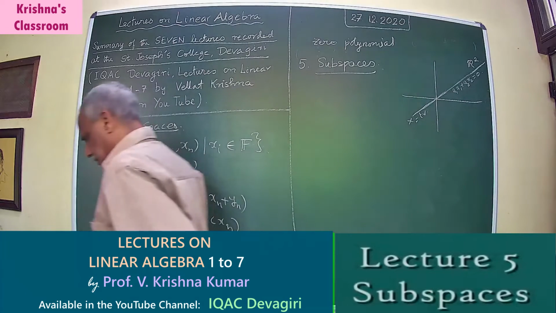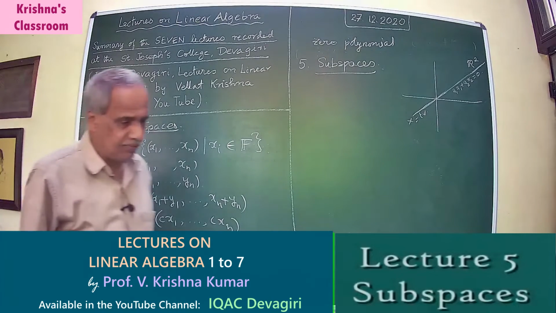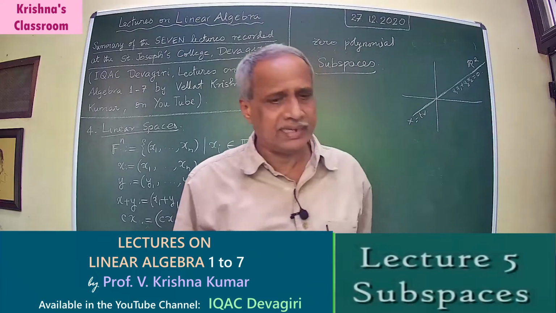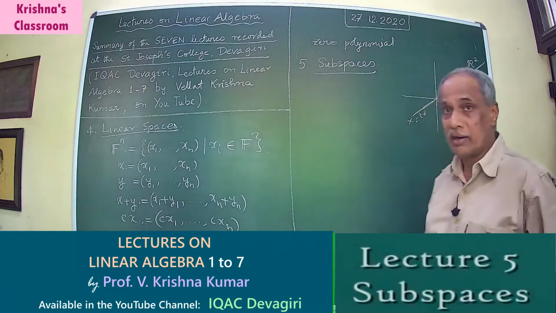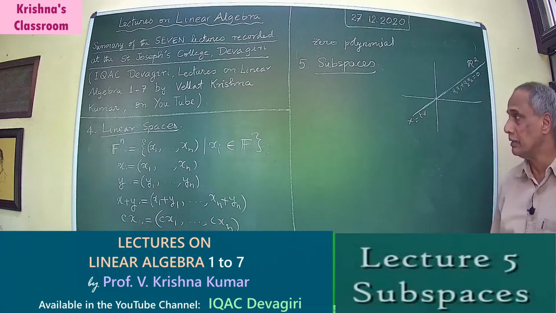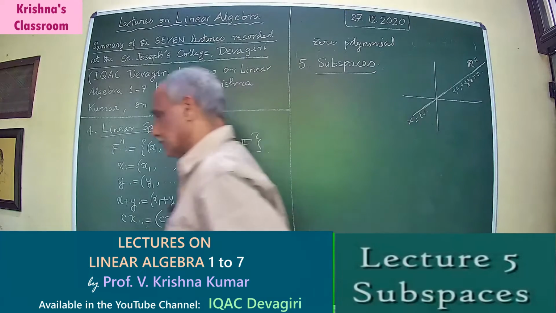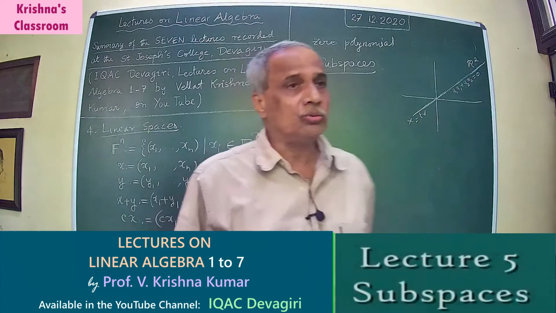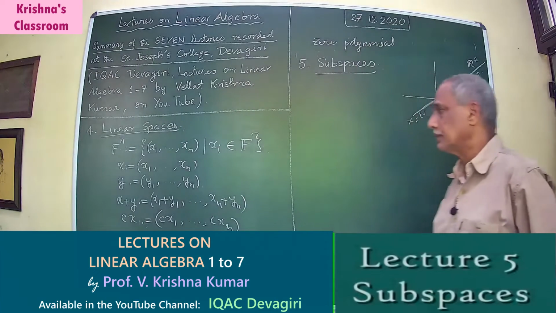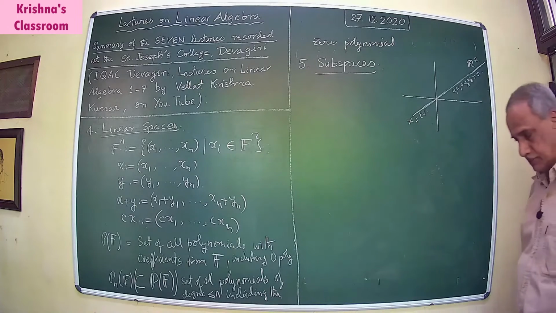One is that the line does not lie in the plane. In that case, their intersection is the 0 vector, which is a vector space. Or if the line lies in the plane, then their intersection is the line itself. That's a vector space. So in general, one can prove that if there are two subspaces in a vector space, then their intersection is always a vector space.